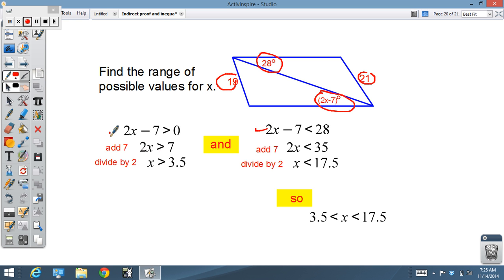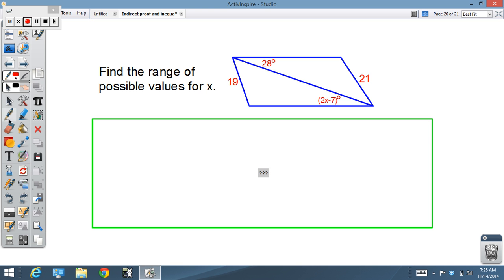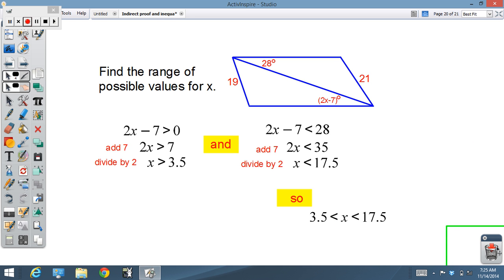Well, it's also got to be bigger than 0. So I know two things. Following this path through my algebra tells me x must be greater than 3.5, and following this path tells me x must be less than 17.5, so we have this as our final range of values for x.